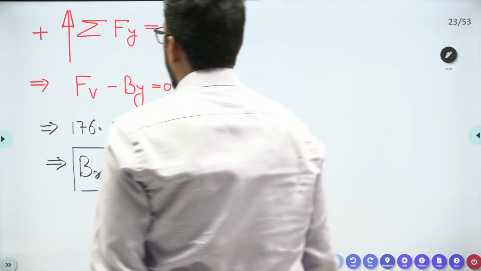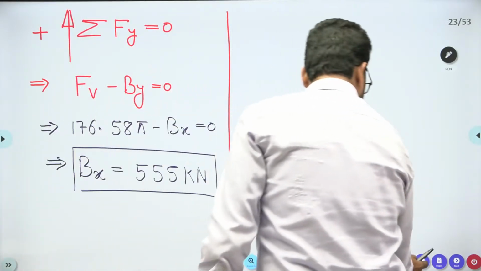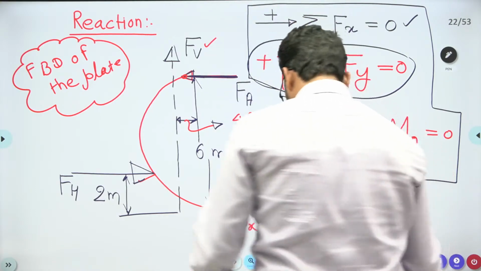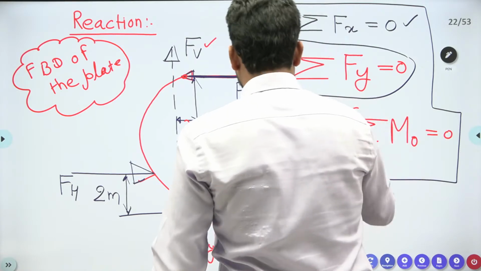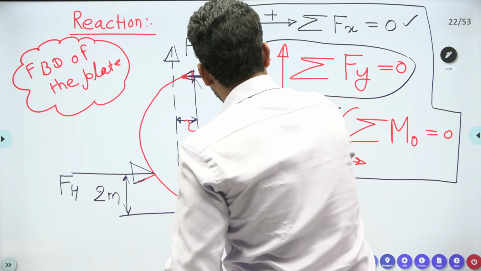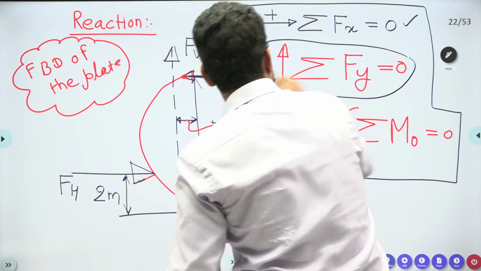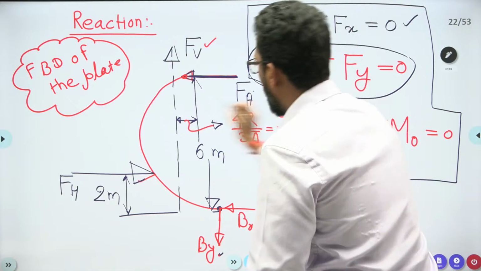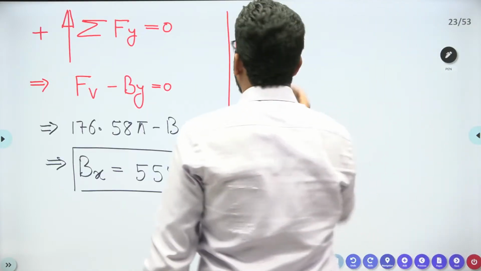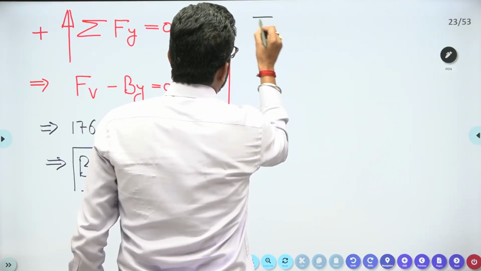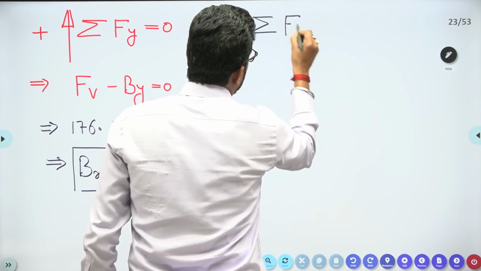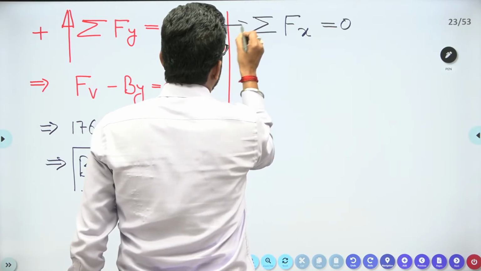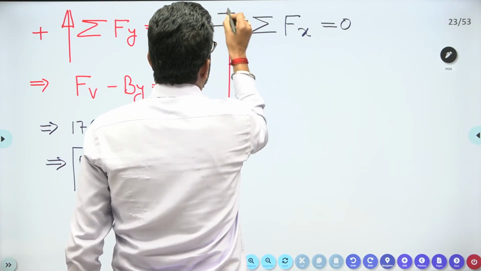Now you know Fb, now you know By. So for FA you have to apply that net horizontal force is 0. So we take the summation of all the forces in x direction is equal to 0, taking this direction as positive.